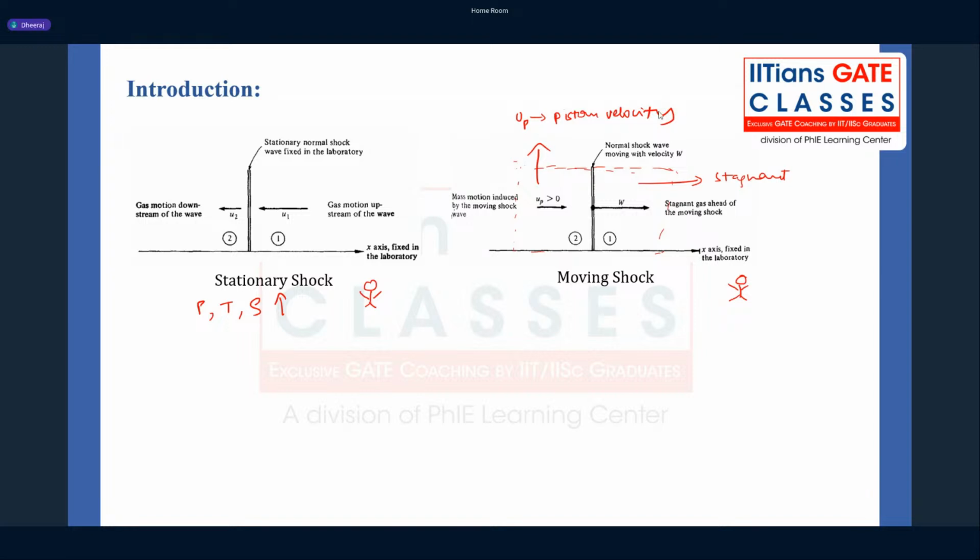So there are many physical applications of moving shocks. The physical applications are there in our hypersonic wind tunnels, which use the shock tube concept for testing re-entry vehicles or any hypersonic applications where my Mach number is more than 5, right?